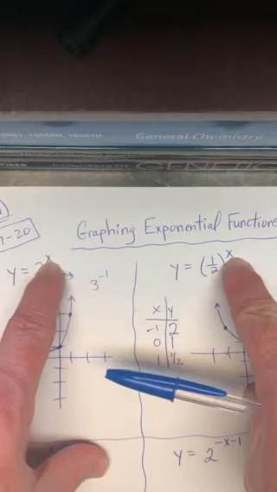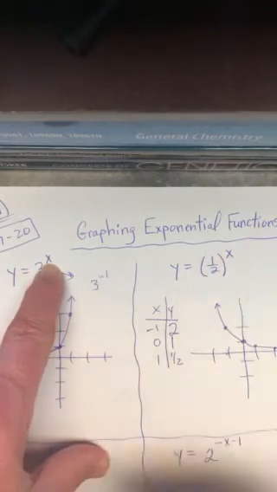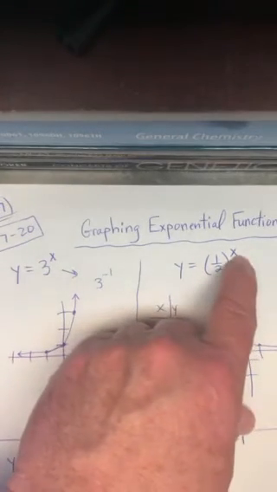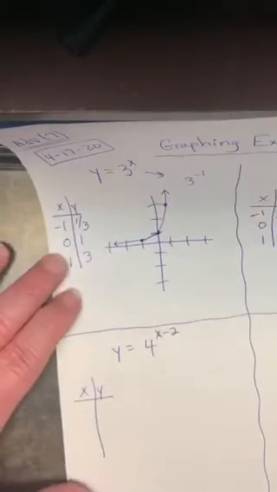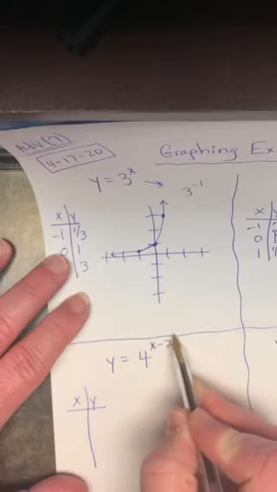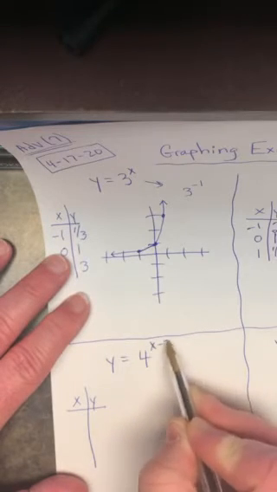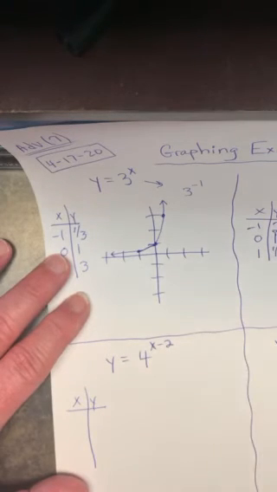So since that was just a plain old x in number 1, and that was just a plain old x, yes, we chose -1, 0, and 1 because that's what you want the exponent to end up being. So guys, if we look at this problem here, my exponent is x minus 2. I want that exponent to end up being -1, 0, and 1.